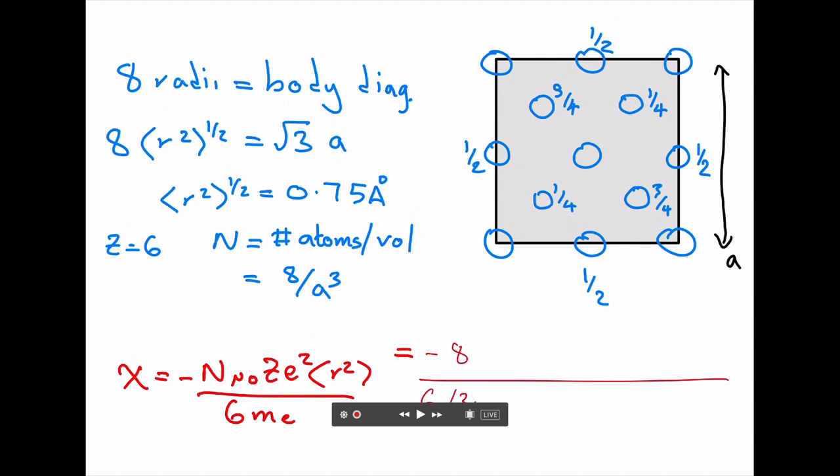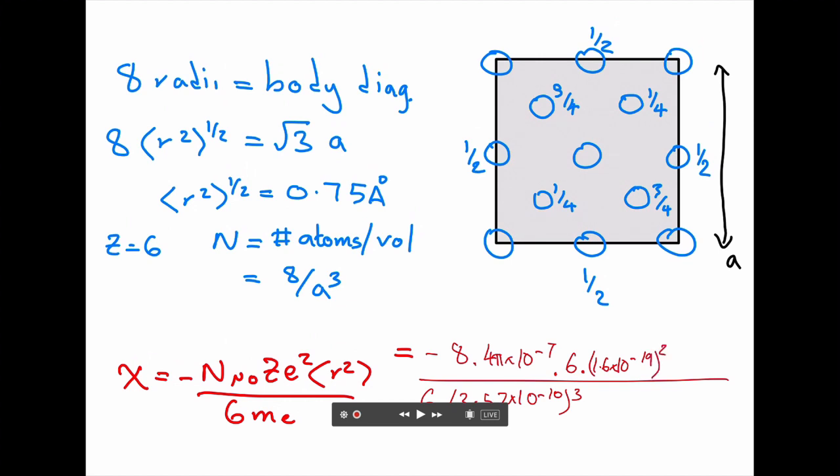Okay, 3.57 times 10 to the minus 10 cubed. Okay, I've got my 4 pi times 10 to the minus 7. My Z, which is 6. Okay, my e squared, 1.6 times 10 to the minus 19 squared.